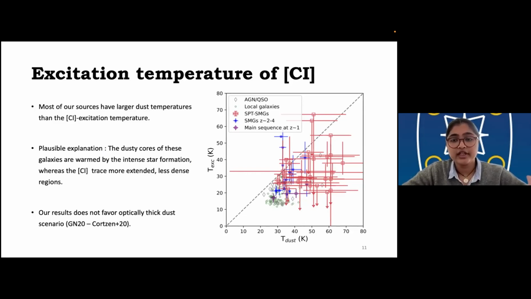And we see mostly that for most of our sources, there's a higher dust temperature than the C1 temperature, which could be possible if the dusty cores are more present in the center and are warmed by intense star formation, whereas C1 being more extended is present in less dense regions. We also don't see strong candidates that have a much higher excitation temperature than the dust temperature, thereby not favoring optically thick dust scenarios.